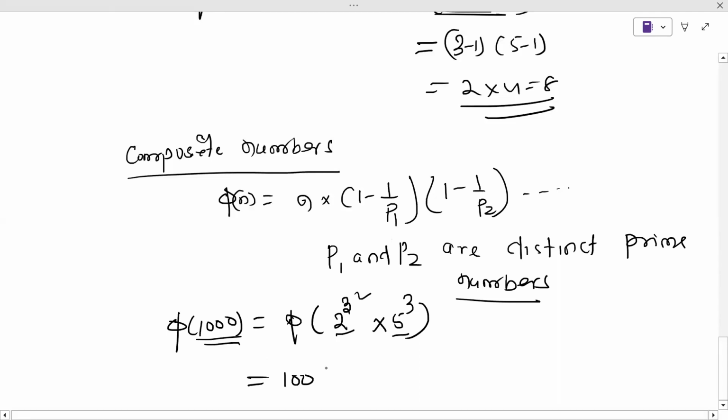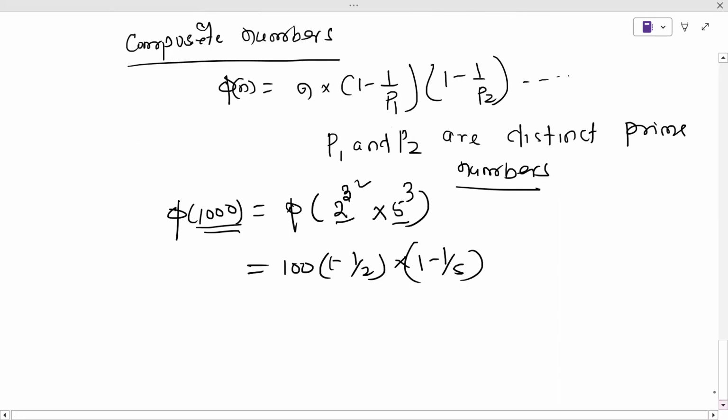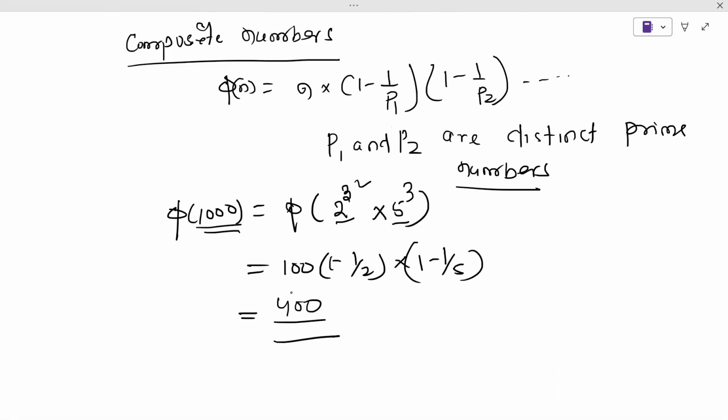So 1000 into (1 minus 1 by 2) into (1 minus 1 by 5). Then what is its value? After simplification, this value is found to be 400. And this is basically what we say is Euler's totient function.